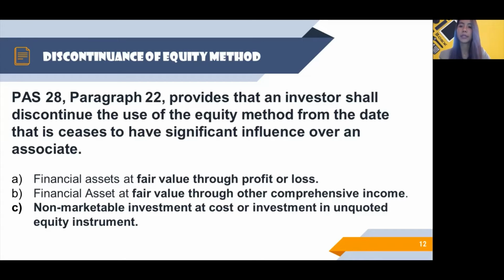And kapag hindi na equity method yung gagamitin natin, mas madali na siya. So, it's either financial asset at fair value through profit or loss, or financial asset at fair value through other comprehensive income, and pwede ding non-marketable investment at cost or investment in unquoted equity instrument.